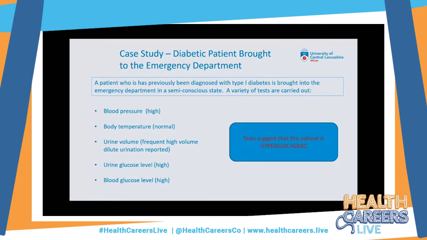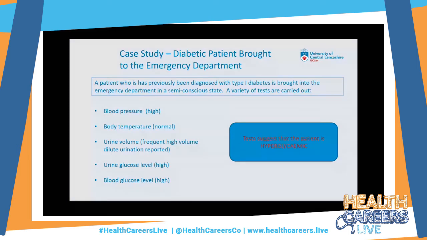I'm not saying that your blood becomes syrupy. Don't eat a lot of sugar and then taste your blood. Wouldn't recommend it. But if you have a lot of sugar in your blood, it makes it harder for it to pump around. And therefore, that's why we're seeing this high blood pressure, because the heart is really, really trying to push that sticky blood around because it's so full of sugar. So that explains the high blood pressure.